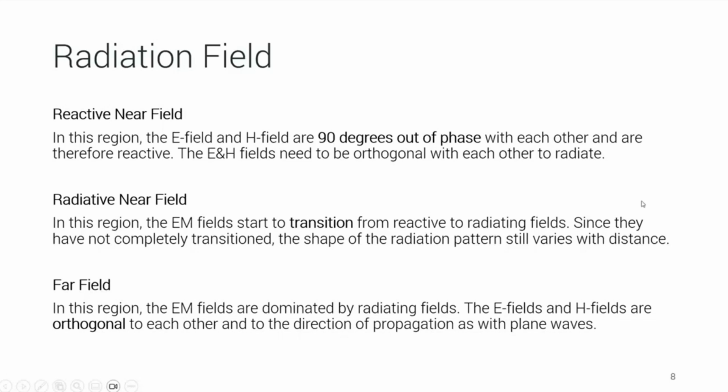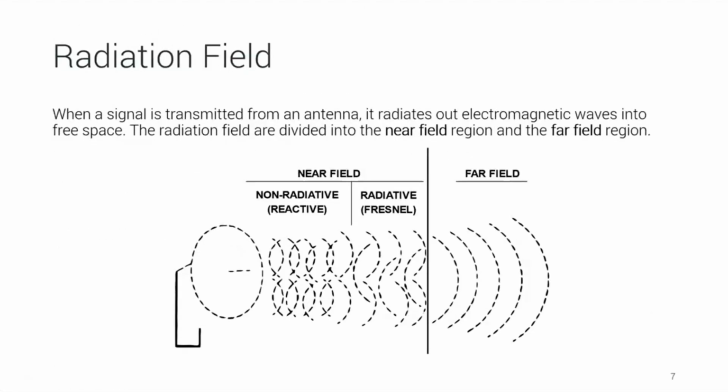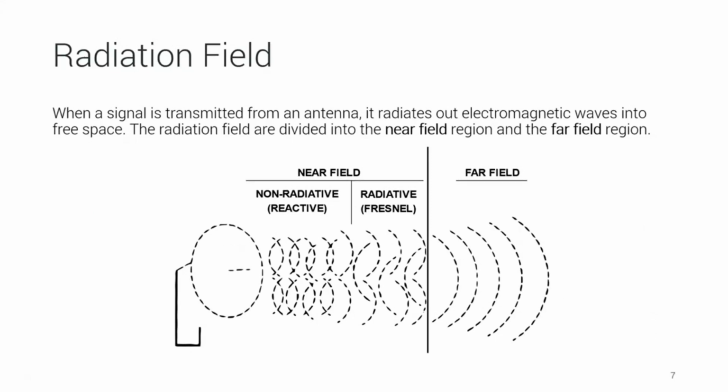And finally, the outermost, the far field: in this region, the electromagnetic field is dominated by the radiating field, where the electric field and the magnetic field are orthogonal to each other and to the direction of propagation, as with plane waves. So we already know what the near field and the far field are.